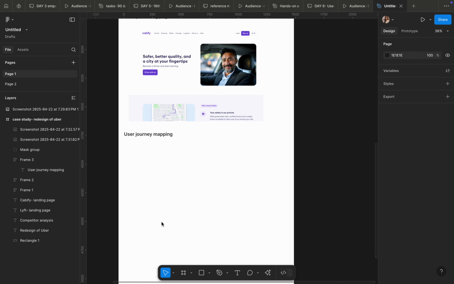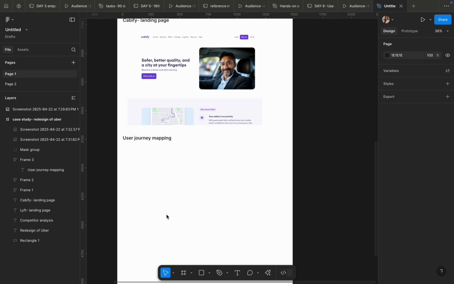Okay, so you guys can also interact, give me some data points, whatever you think can be added to this user journey mapping, so that we can learn together. Okay.